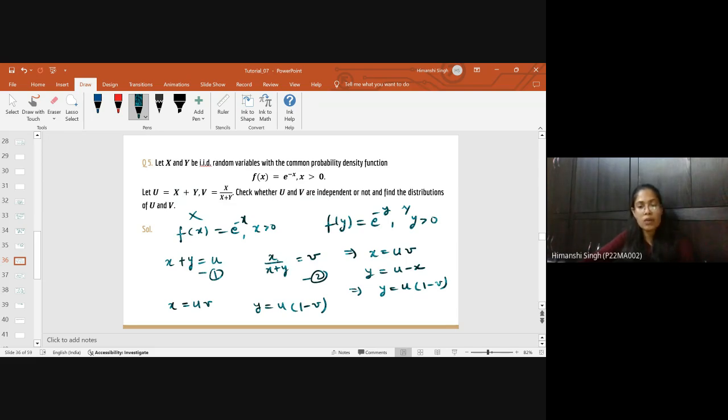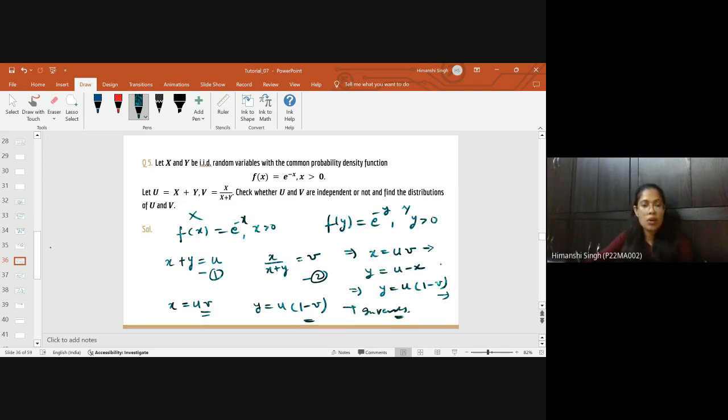So x will be equal to u into v. Okay. Now from the first, I have y equal to u minus x, and x is nothing but uv. So y is equal to u into 1 minus v. I have just taken u as common. So x is uv and y is u into 1 minus v. So I have these inverse images. Okay. So these are the inverses.